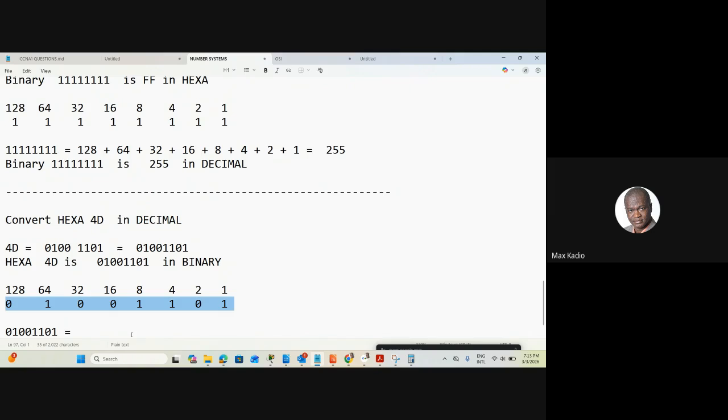Then you add this binary in the table. 0 times 128 is 0. 1 times 64, it means I took 64. 0 times 32, I didn't take 32. I didn't take 16. I took 8. I took 4 because there is a 1 under. 0 times 2 is 0. I see 1, I took 1.